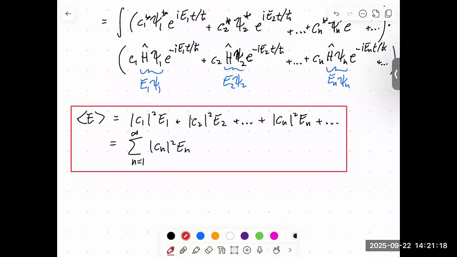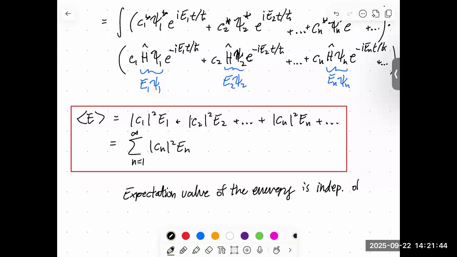At some time later, that expectation value has not changed. And so this is the manifestation of conservation of energy in our quantum system. So the expectation value of the energy is independent of time.